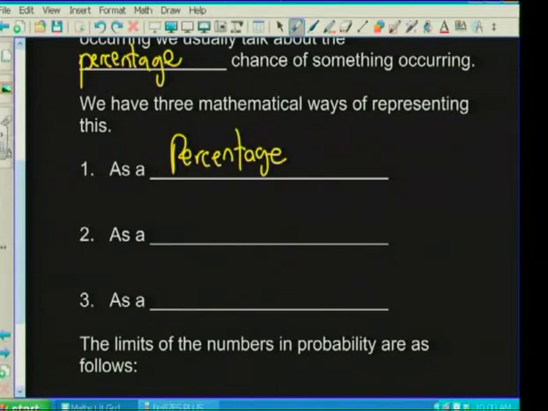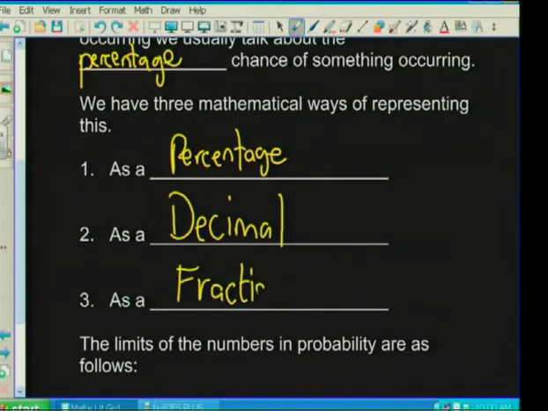We're also going to express it as a decimal. And we'll have a look at that in a moment. And then lastly, another way that we're going to see probability very often is as a fraction. Remember, a fraction is written as two numbers over each other.